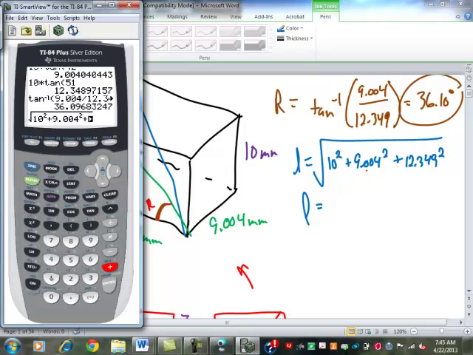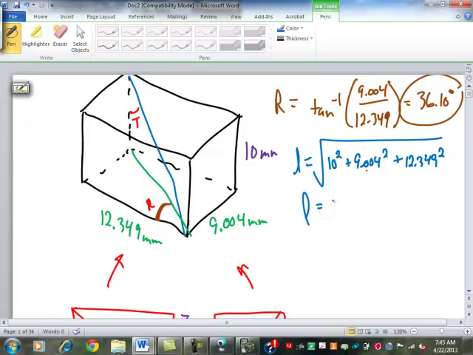So 18.264 millimeters. That is the length of my cut across here.